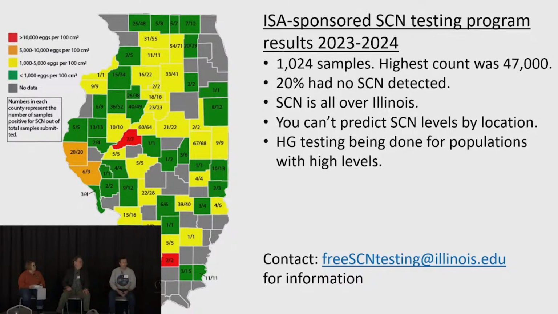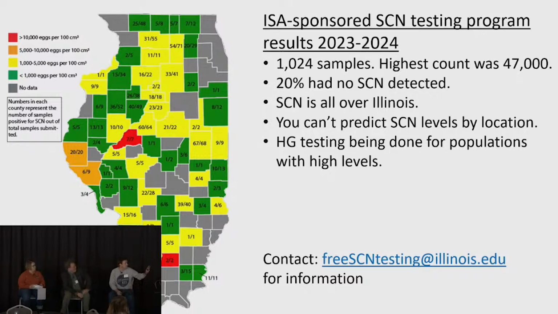We get very high numbers in some fields. Even for one farmer who submitted 4 samples, 2 samples had zeros, 1 sample had about 320 eggs, and the 4th sample had over 30,000 eggs per 100 cubic centimeters. So, huge variation in distribution.